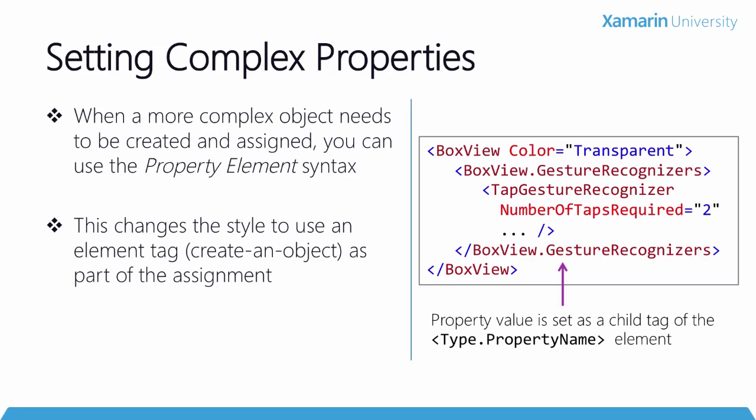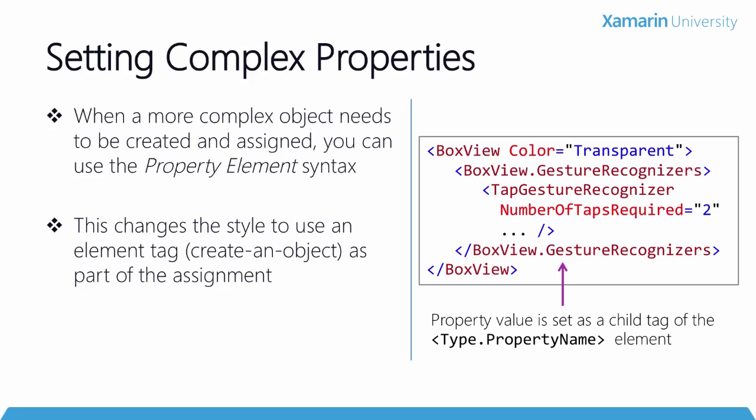Type converters are great for simple property settings, but in some cases we really need to create a full object with its own property values to assign to the property. Remember that in XAML, to create an object, we use an element tag. The solution to this problem is to change the property assignment to use an element-based syntax.